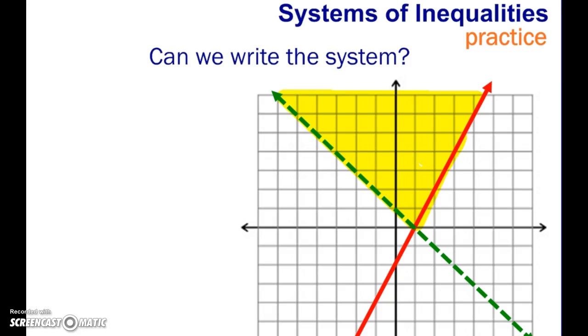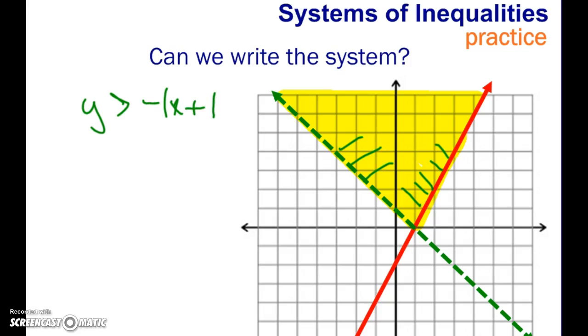Again, the green graph. The exact same lines except for shading in different areas. It's still above here and above on that side. So my line again is y. It's going to change the inequality because it's above, so greater than this time. Negative 1x plus 1.